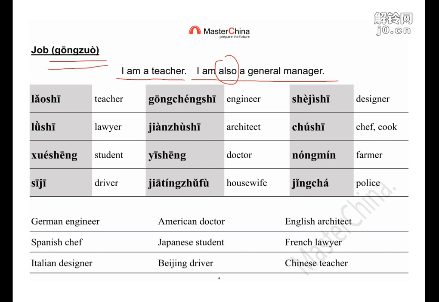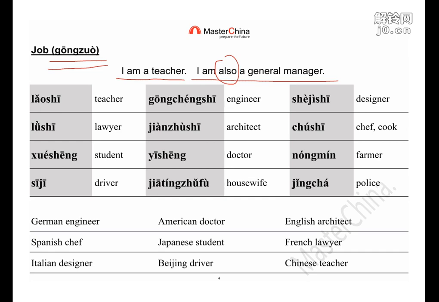I'm also general manager. Okay, so here we seem to be already familiar with the structure of the sentence for introducing the job. Let's learn more words of the job.